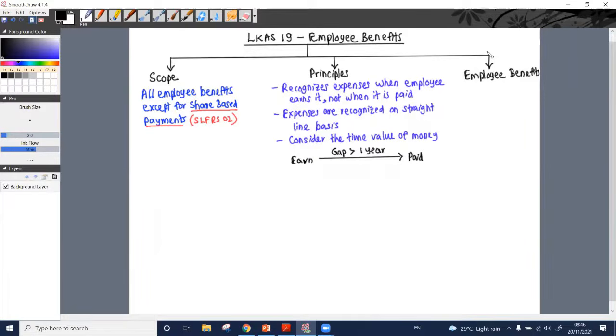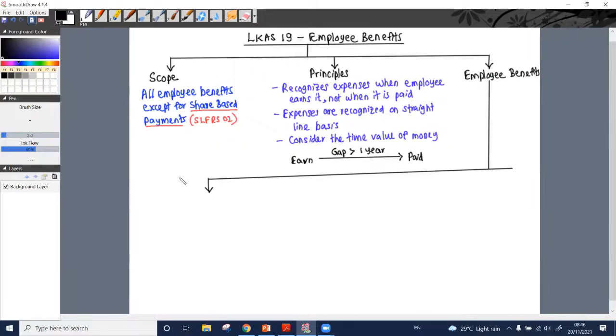We can classify them into 4 groups, but in the broader sense we can classify them into 3 main groups.